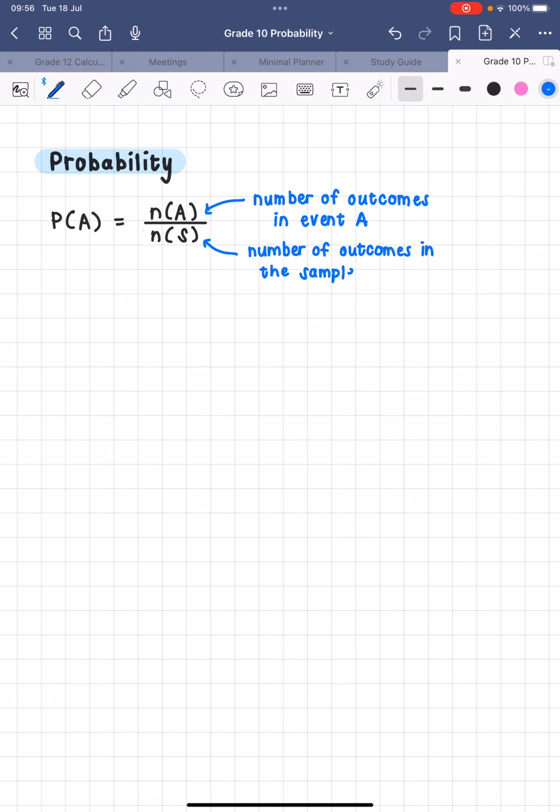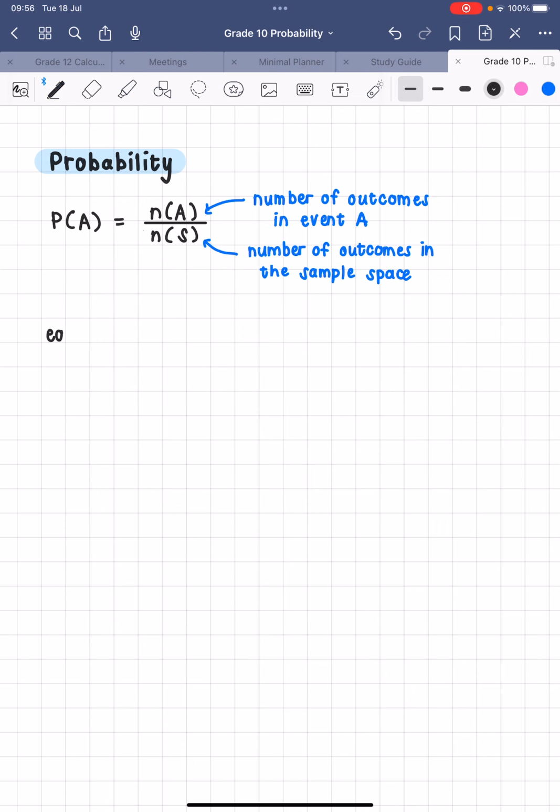Now the sample space is basically all of the possible outcomes that you can get. So if you are rolling a die or a dice, how many possible outcomes are there altogether? How many numbers are there on the die or on the dice? 6. All right, so the sample space would be the 6 numbers: 1, 2, 3, 4, 5, 6. We're quickly going to just do an example.